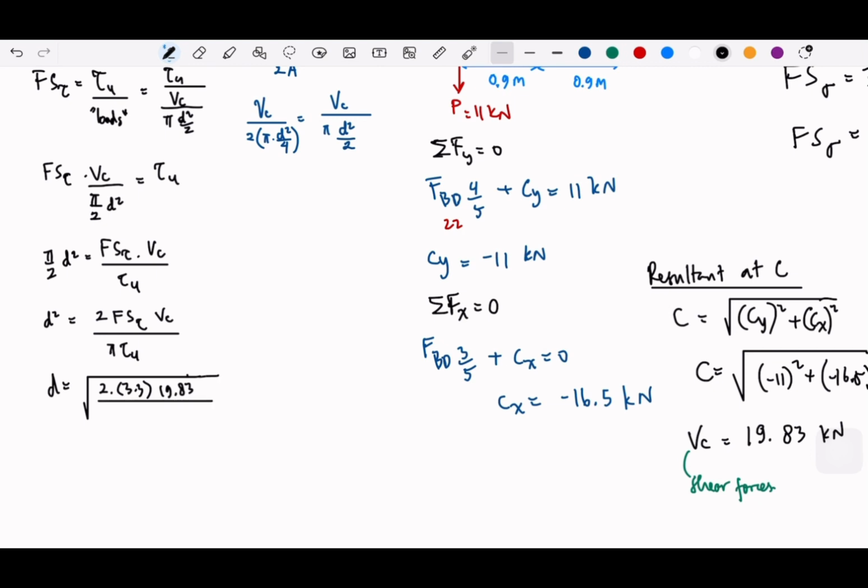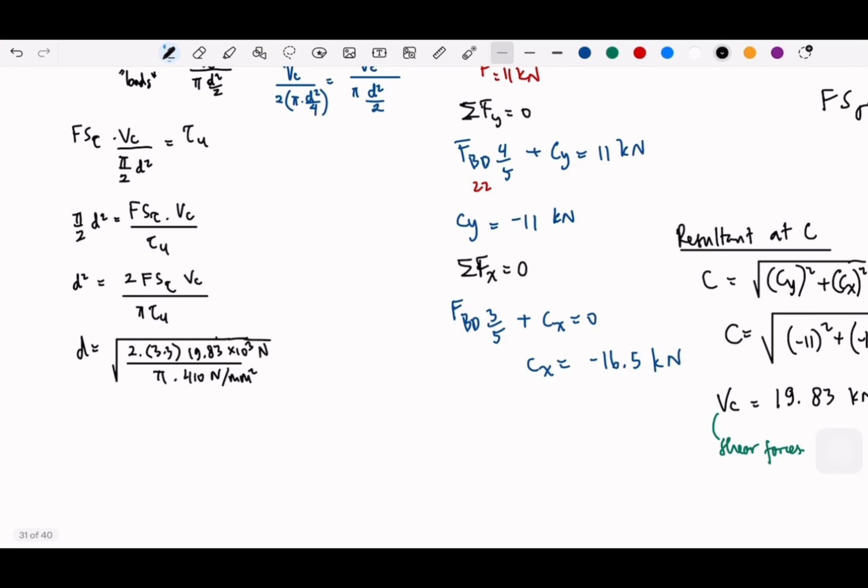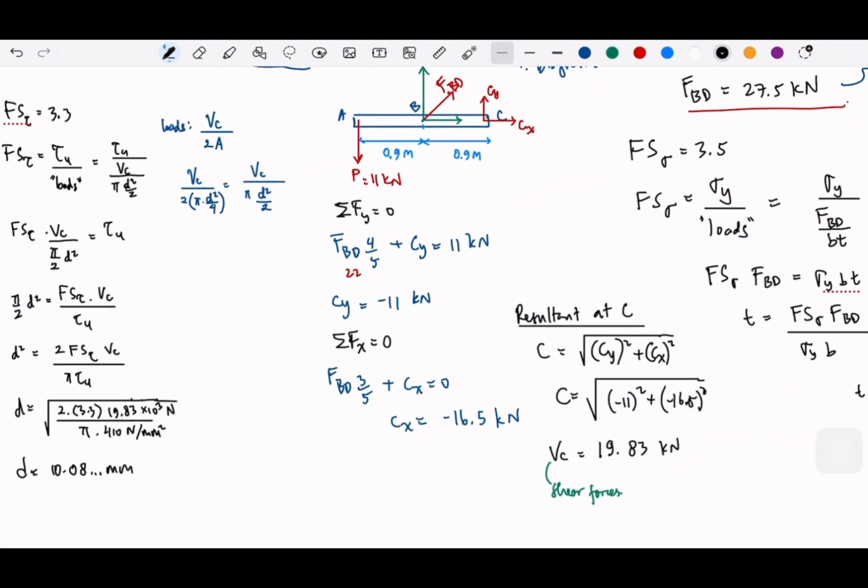This is in Newton, pi, and then the tau is 410 Newton over millimeter squared. We expect to have millimeter squared, and then take the square root, it becomes millimeter. So d for this one will be 10.08 something millimeter. And that's how we get the answer.